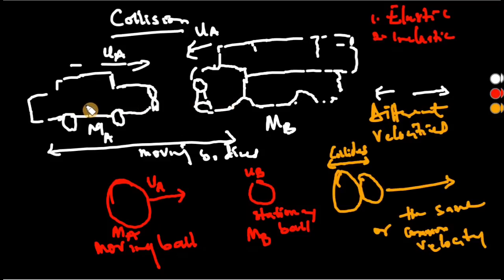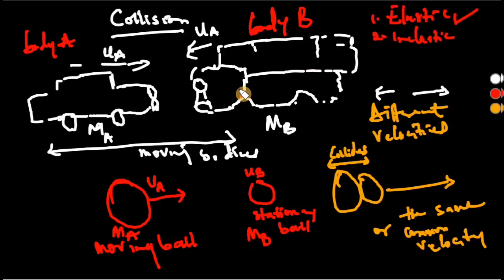This is body A and this is body B. You see that when these bodies are in motion, this is body A with mass MA, and the velocity it is moving with is UA. Of course, the initial velocity here is not zero because they are in motion. So when these two bodies collide, of course this one is more massive than this, but on collision you see that they will move with different velocity. So this type of collision is known as elastic collision.